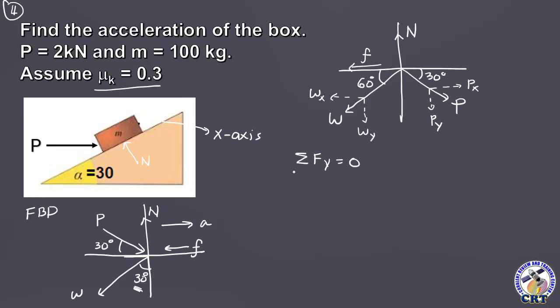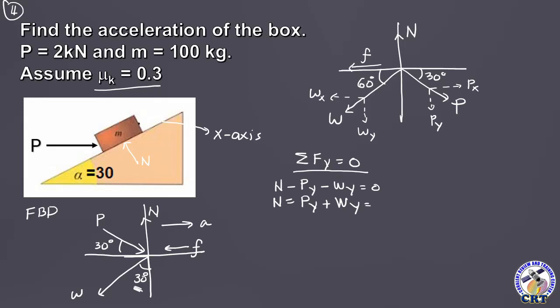Okay, so let's go back to summation of Fy equals 0. N is going up, so positive N. Py going down, minus Py. Wy is going down, so minus Wy equals 0. So N equals, transpose Py and Wy to the right, N equals Py plus Wy.